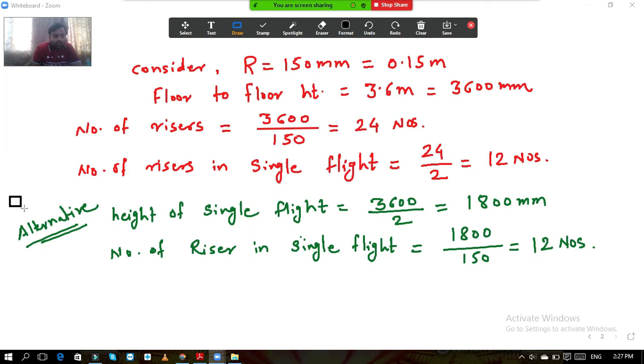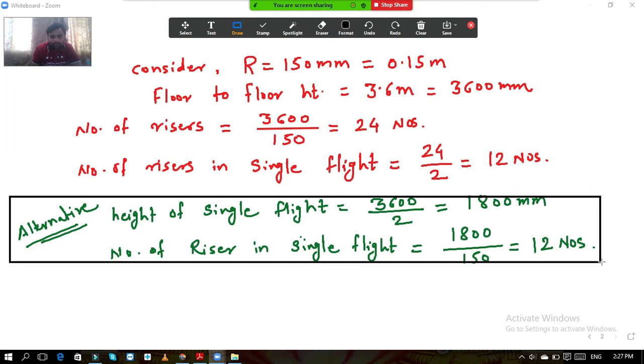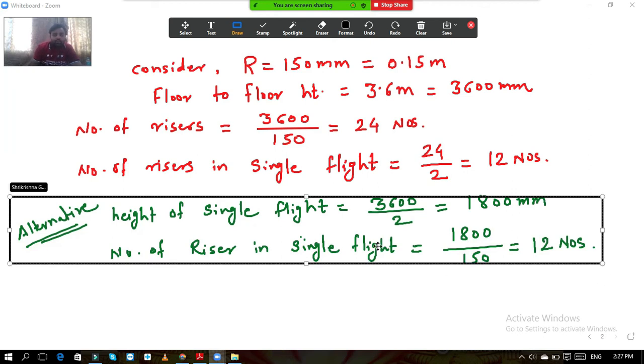So I have shown you both the approaches. In the last numerical, we did it the way I have shown in the green ink, and now we have calculated the number of risers this way, which is shown in the red ink.